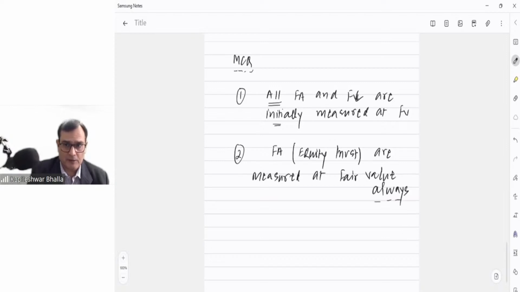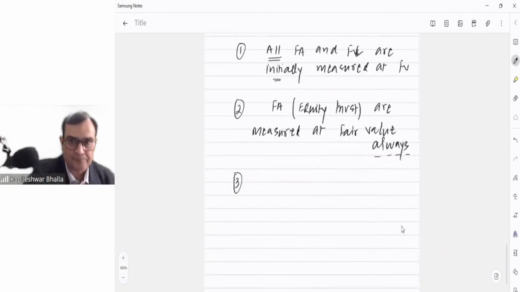I make a very strong statement that if you've got financial assets, equity investments, they're measured at fair value always. Number 3, I'm not talking of debt investment, so I cannot talk on that.